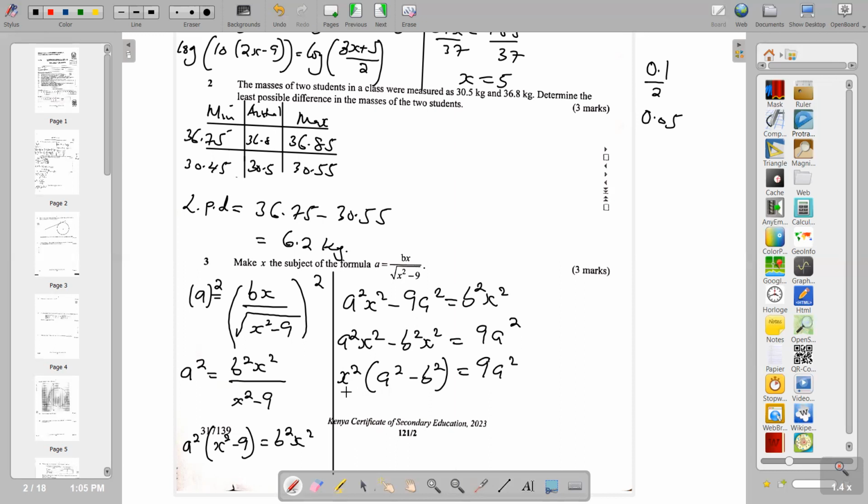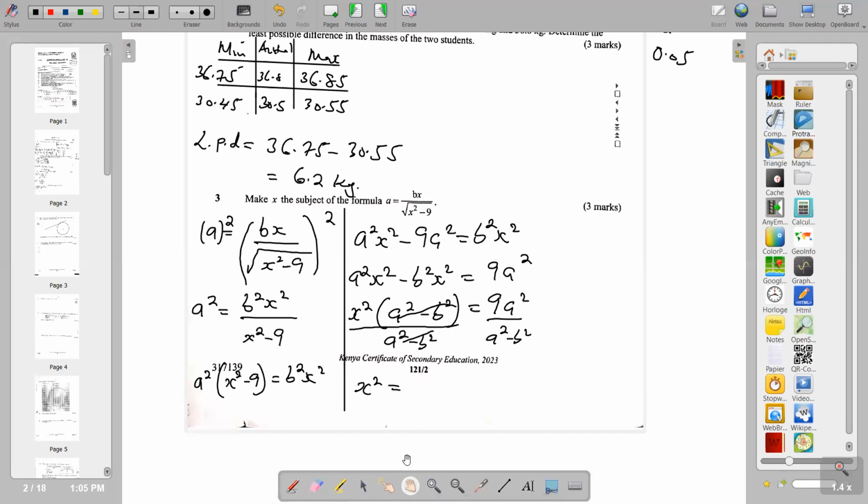We're going now to divide through by a squared minus b squared over a squared minus b squared. So these will cancel. So we're going to have x squared is equal to 9a squared over a squared minus b squared.